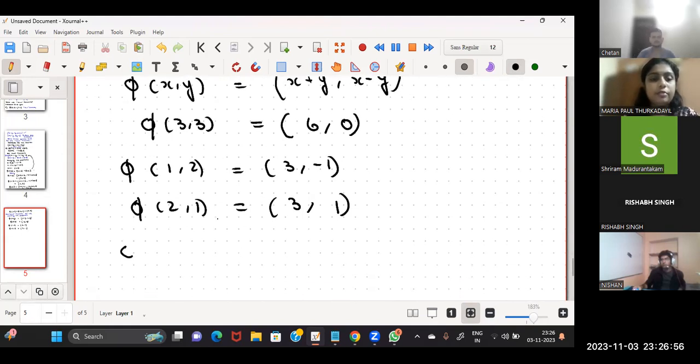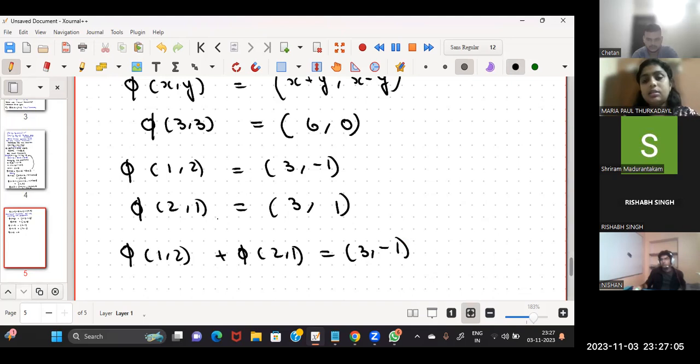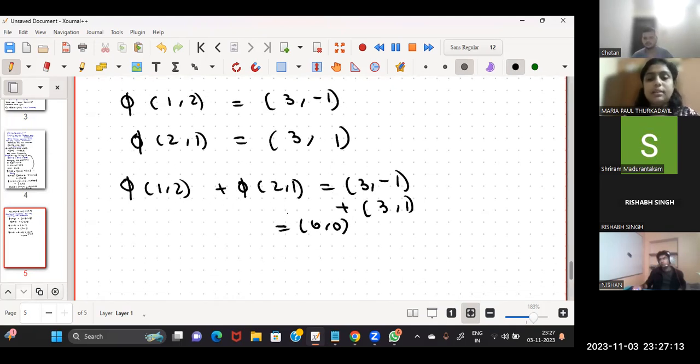Now when we do phi of 1 comma 2 plus phi of 2 comma 1, we get 3 comma minus 1 plus 3 comma 1, which is equal to 6 comma 0, which is actually the same as our phi of 3 comma 3.